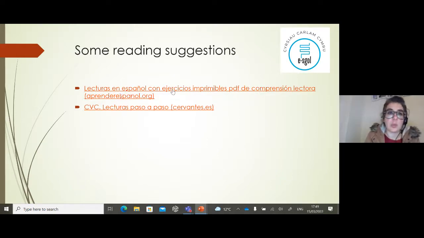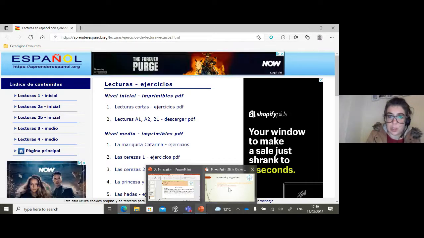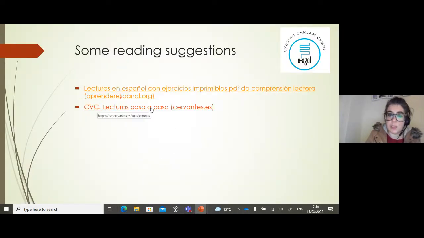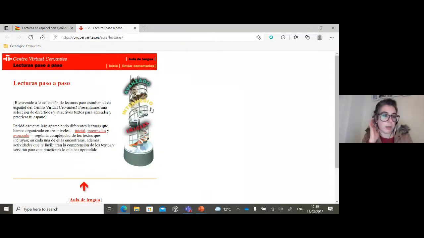So I'm gonna open this one, and I'm also going to open these lecturas paso a paso del Instituto Cervantes. So the Cervantes Institute is a very well-known institution for the learning of the Spanish language, very well-known and appreciated, worthwhile.